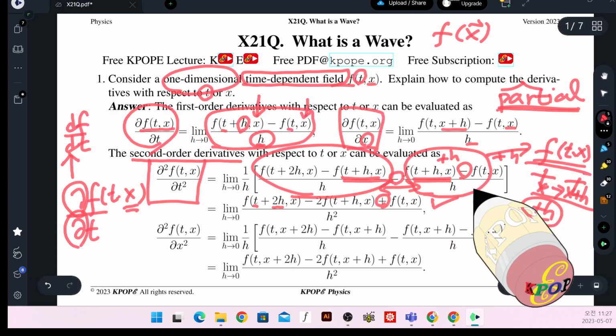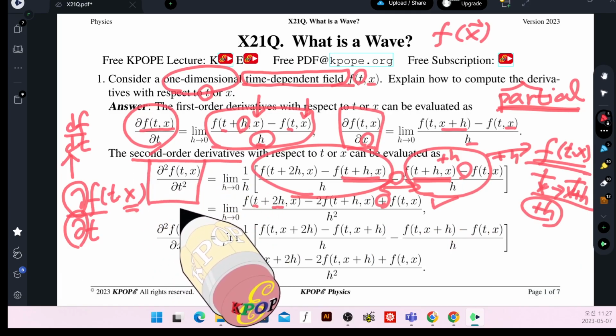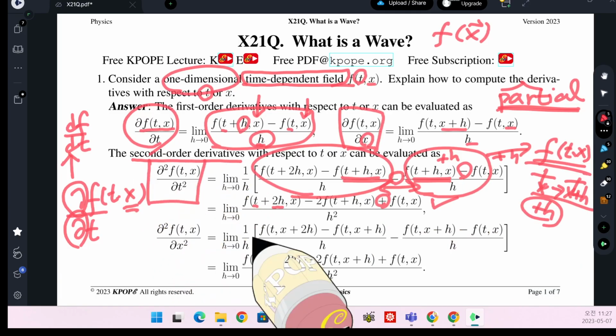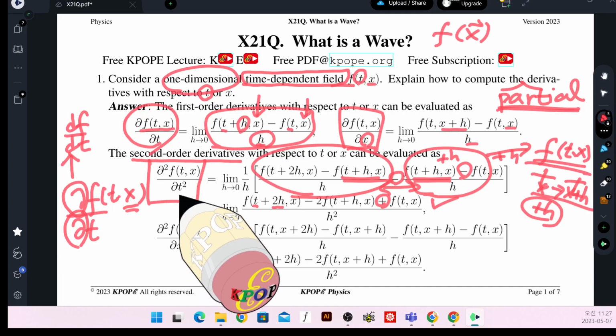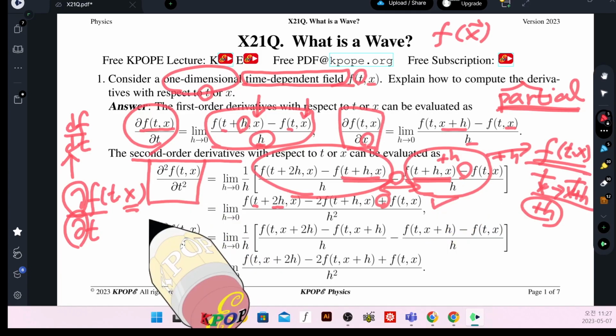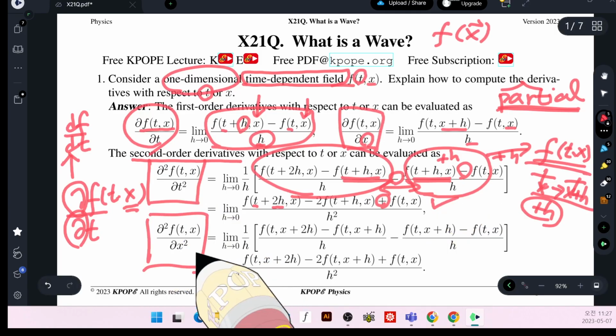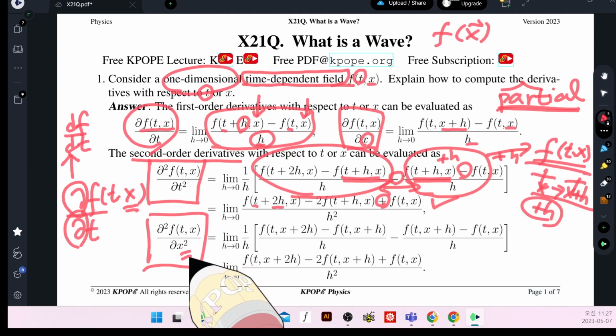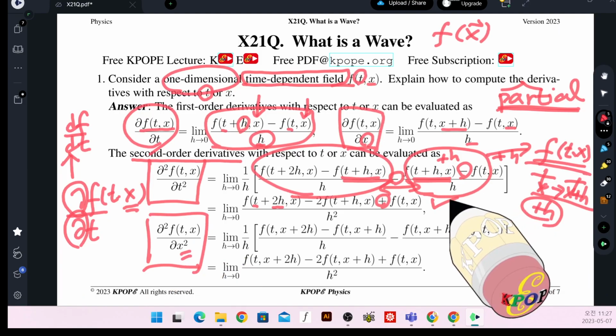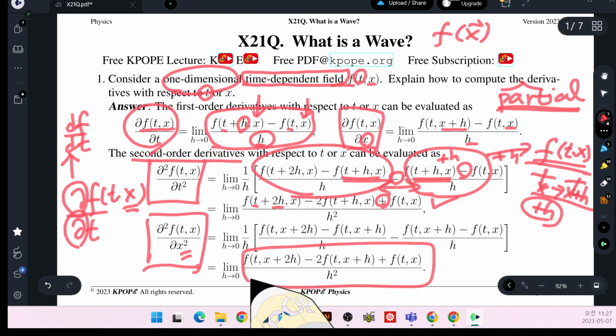This is a way to evaluate the second order derivative by definition. In a similar manner, we can compute the second order derivative of f with respect to x. So this partial derivative can also be obtained in a similar manner, keeping the time the same.